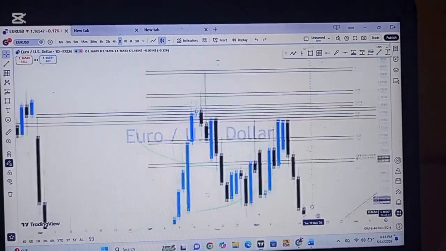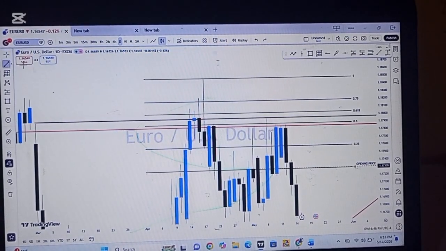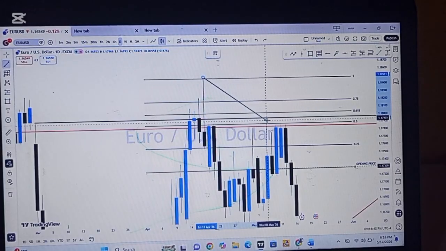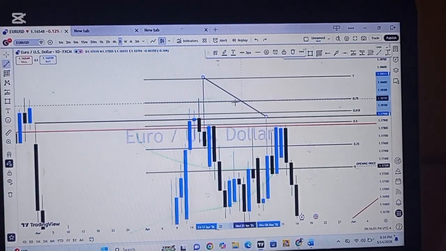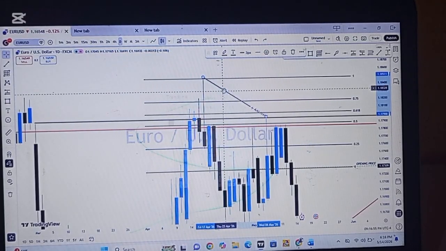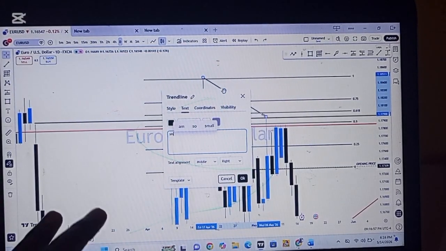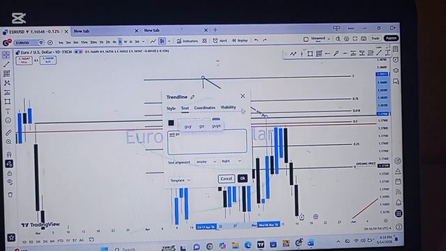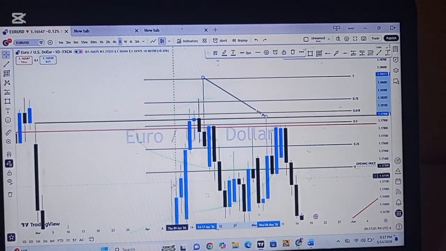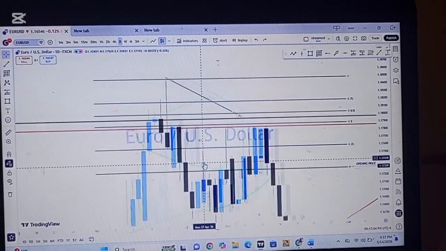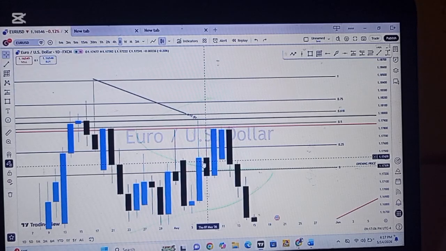This was what Euro was giving us. That one. So this is an SMT GU, because they move concurrently together. Okay, that is SMT GU.